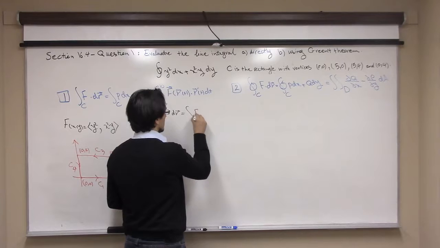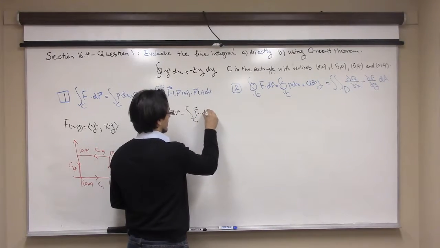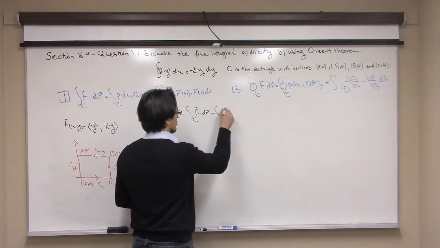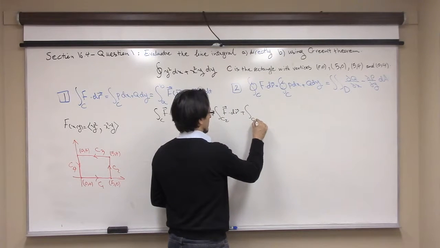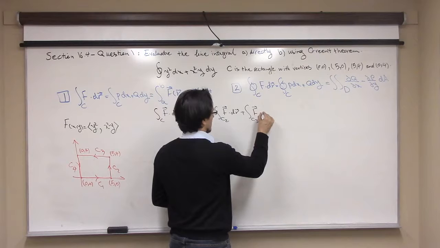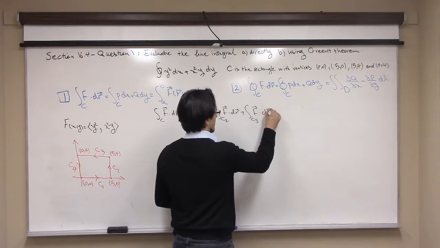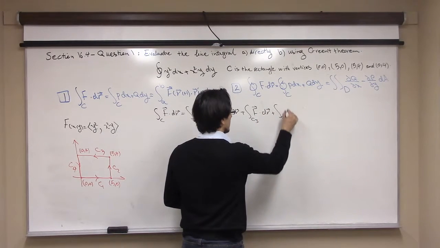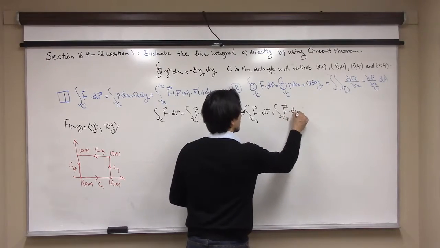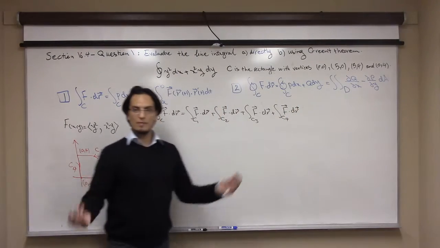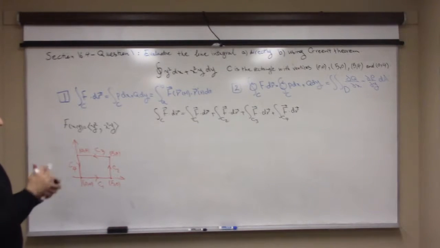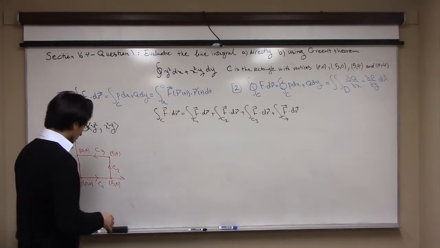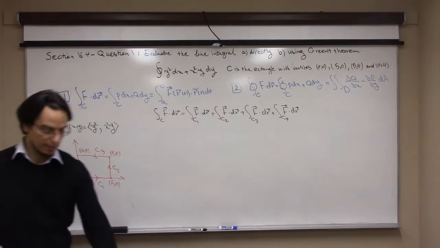So I do this first on C1, on C2, on C3, and C4. When you're done, add them, and you get the whole integral. So let's do each piece one by one and then add them.